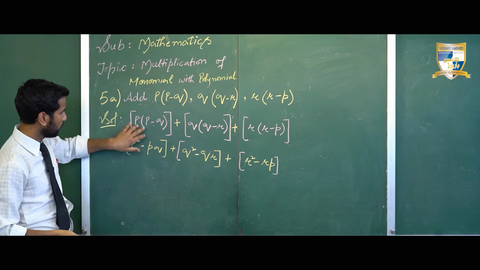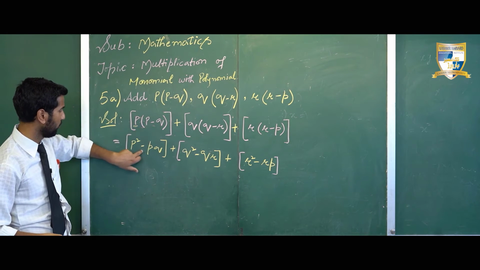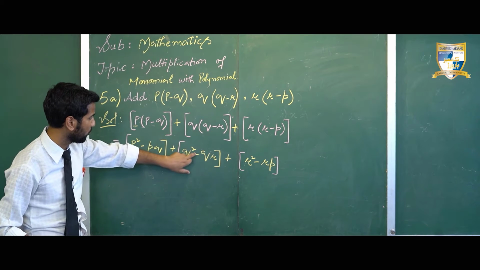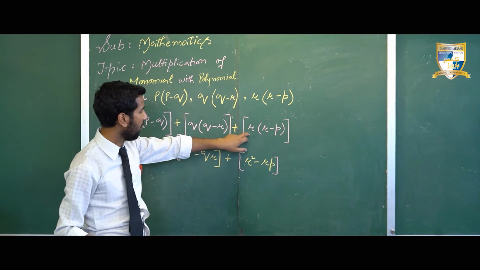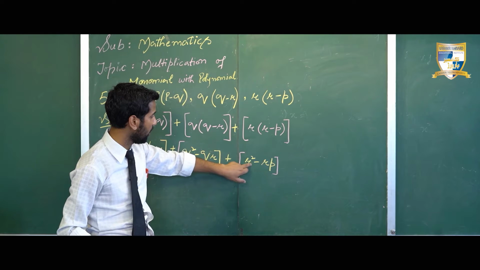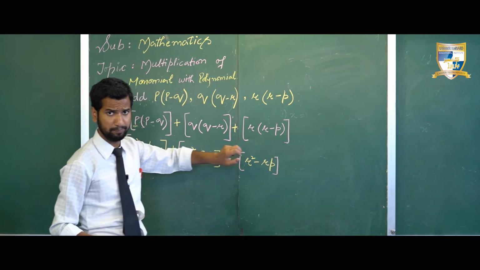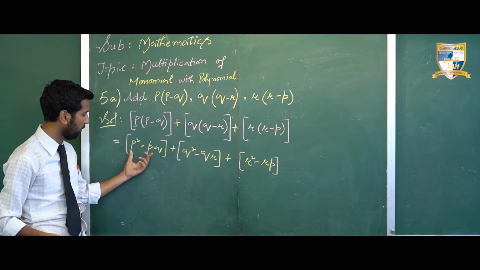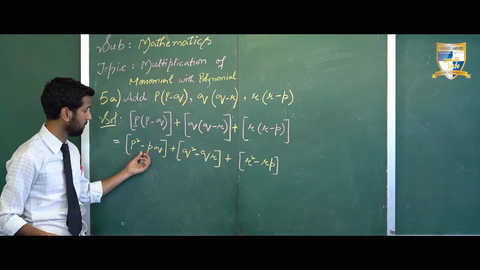So P into (P minus Q) will become P square minus PQ. Q into (Q minus R) will become Q square minus QR, and R into (R minus P) will become R square minus RP. So now in the brackets here we have two unlike terms, so we can't subtract them.